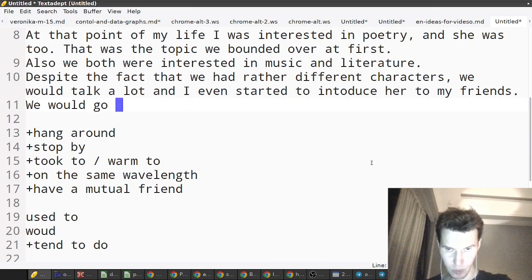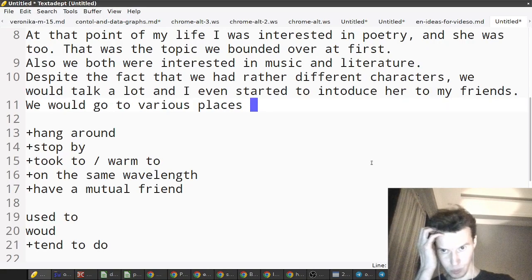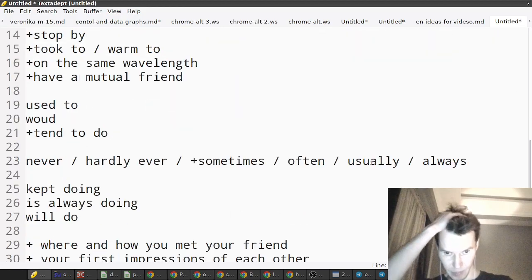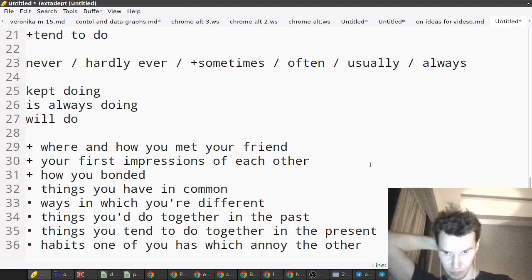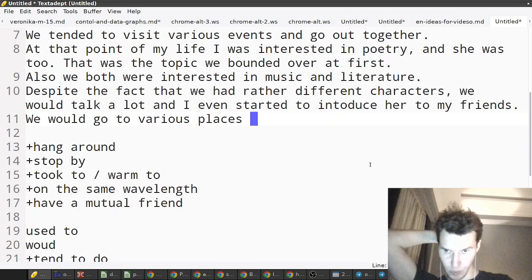We would go, not party, but to various places. We would go to various places. Sometimes, hardly ever, often, tend to, would. We would go to various places. Despite the fact that we had rather different characters, we would talk a lot, and I even started to introduce her to my friends.